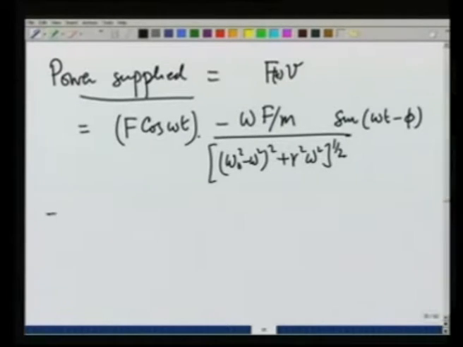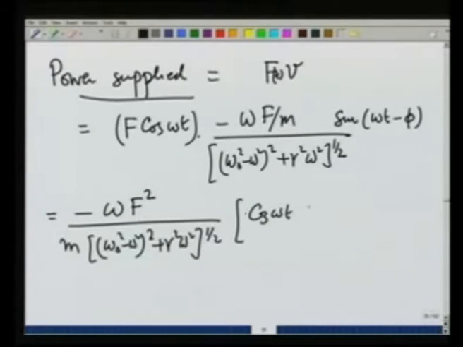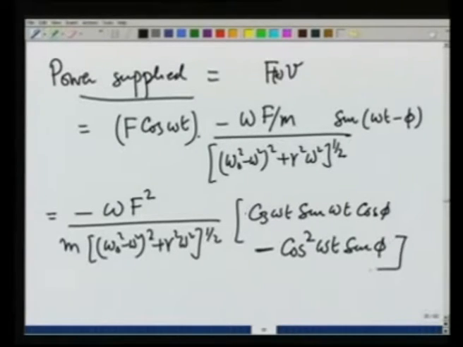This can be written as minus omega f square divided by m times that same quantity raised to 1/2. Open this up, you get cosine omega t sine omega t cosine phi minus cosine square omega t sine of phi.